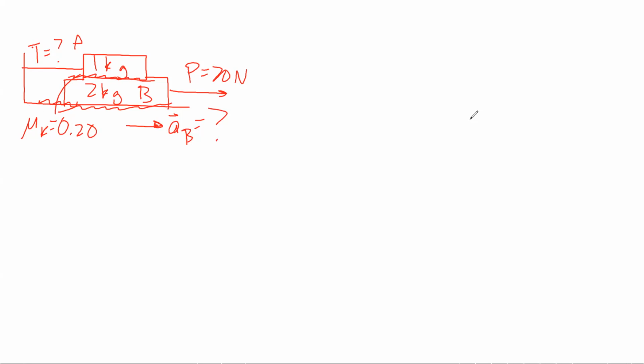So I'm just going to draw one on top of the other. This would be block A. This would be block B. We might even have enough room at the bottom, and we'll sum the forces in the lower left-hand corner.